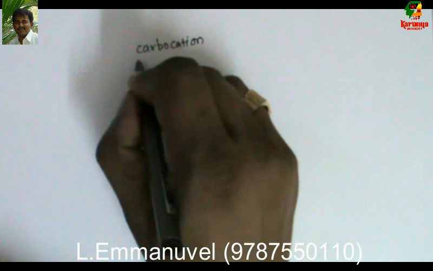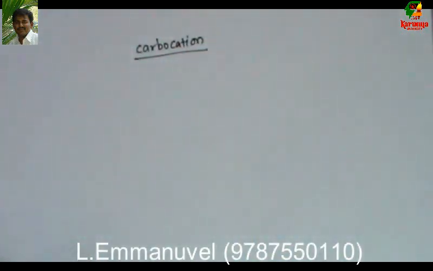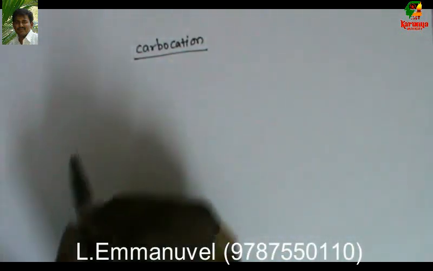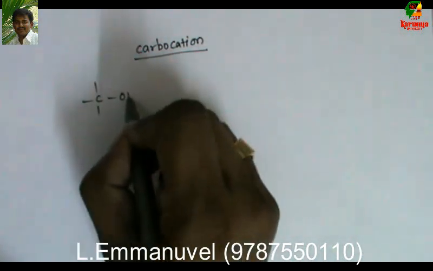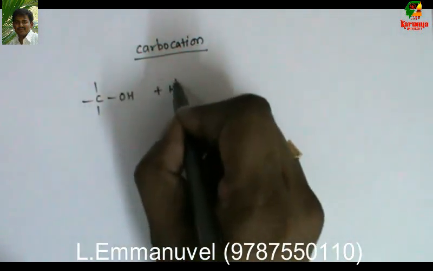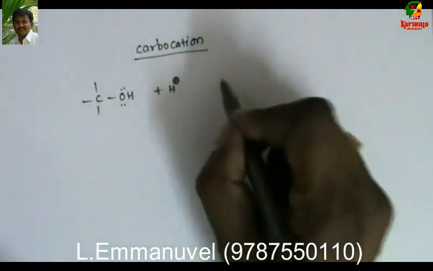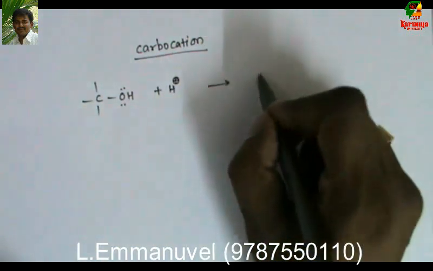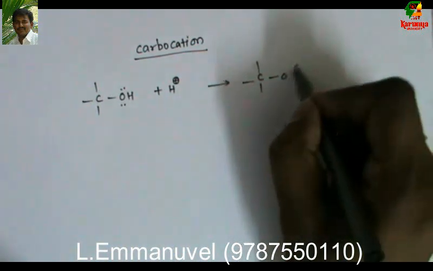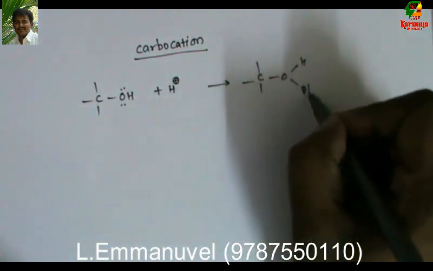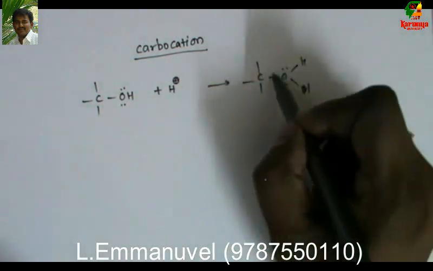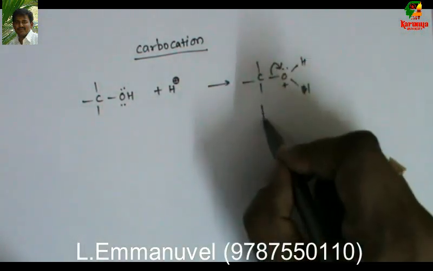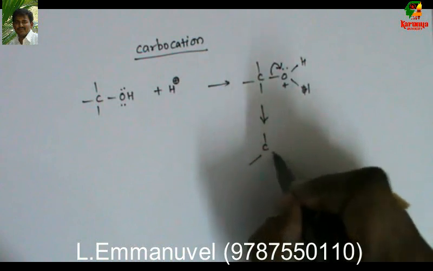What about carbocation? How do we generate them? Already we have come across that one. First one, to alcohol, if you add H plus, the lone pair of electrons on the alcohol will attack that, and what we get is this. Now this bond can fall on the oxygen to give carbocation.